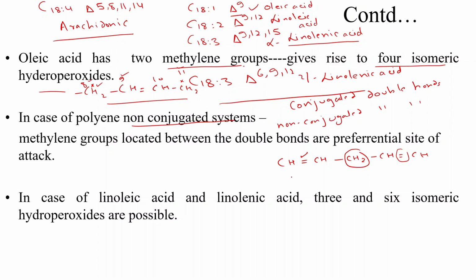These are non-alternate, non-conjugated double bonds. Whereas in the conjugated case, we have CH double bond CH, CH again double bond CH. So we say alternate double bonds are there: one double bond, then a single bond, and then a double bond. These two are called conjugated double bonds.